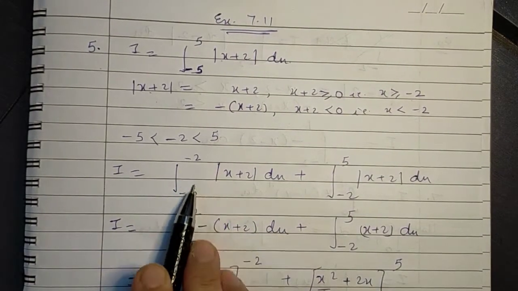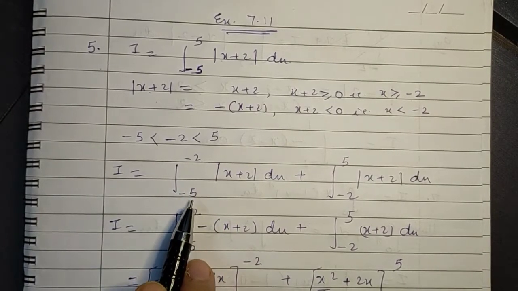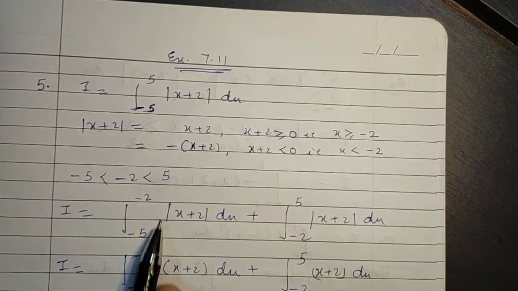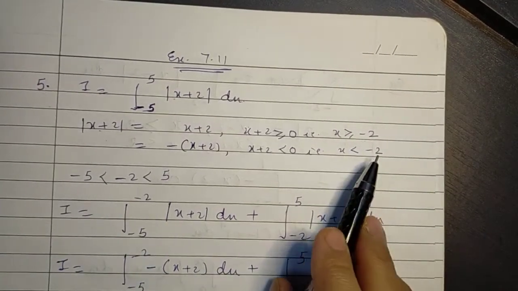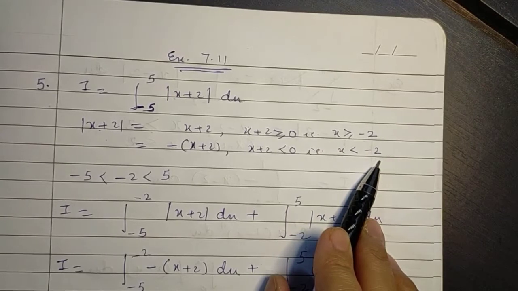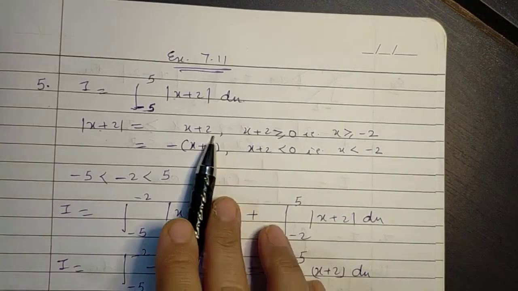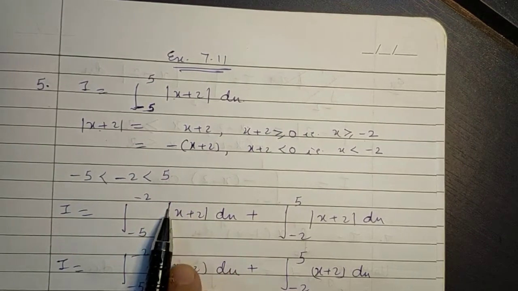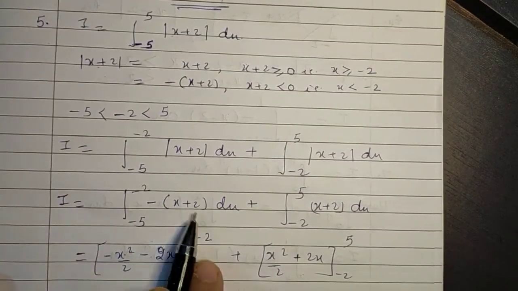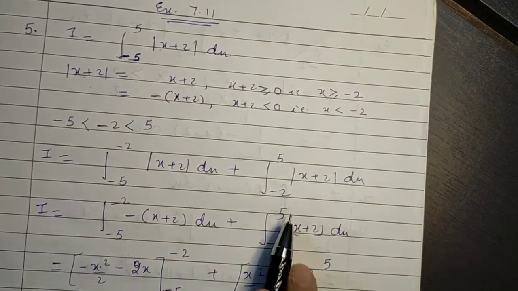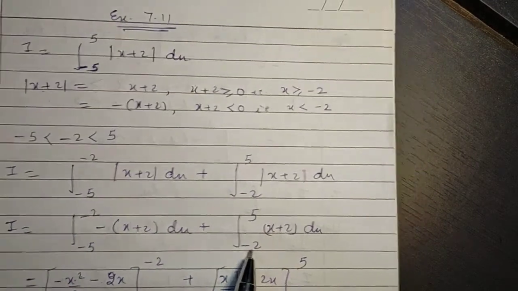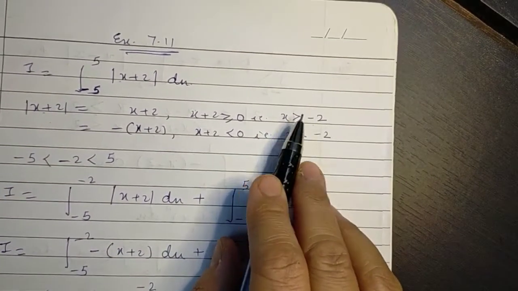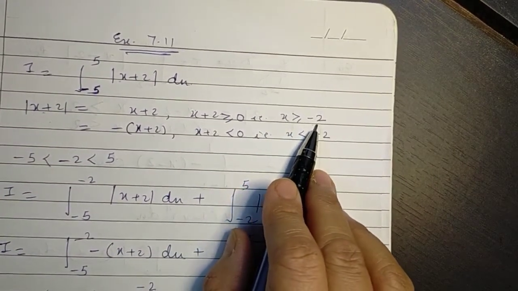Now when x lies from minus 5 to minus 2, clearly the values of x are on the left of minus 2, and so the definition of the function is minus of x plus 2. So we replace this modulus by minus of x plus 2 in this interval, whereas in this interval, that is when x lies from minus 2 to 5, x is greater than minus 2.